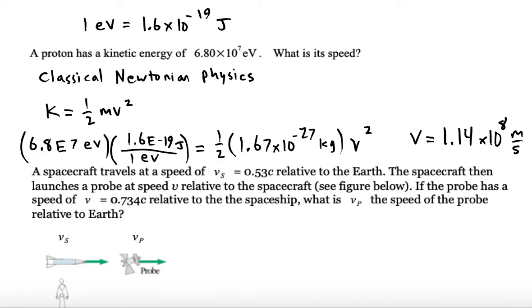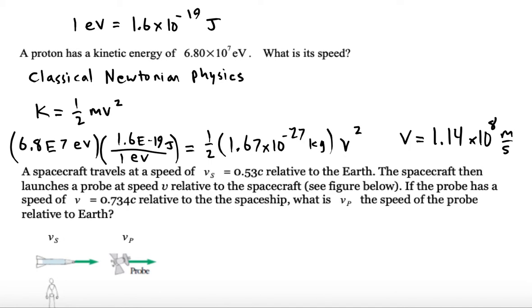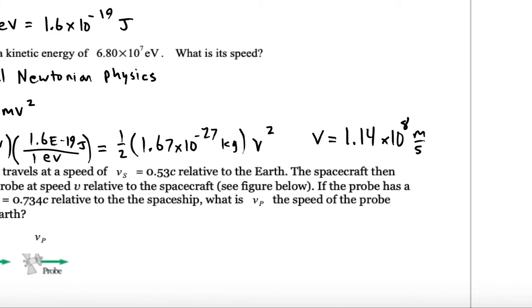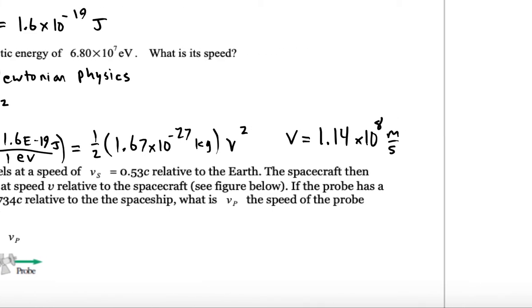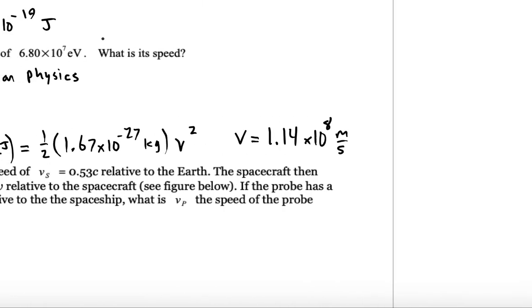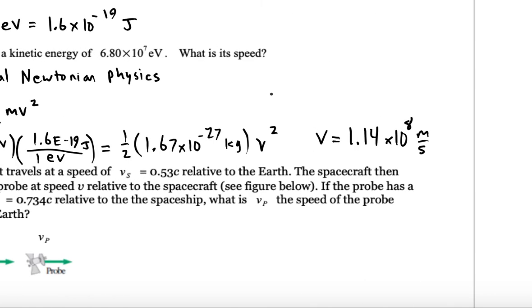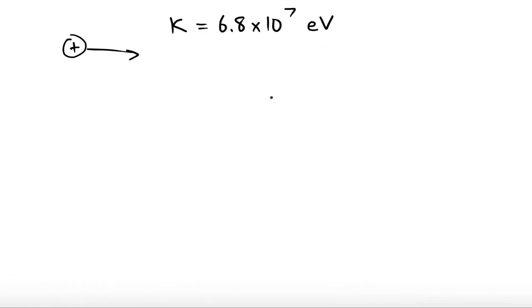Alright, but using Einstein's physics, you'd do it differently, and I just want to go over how that is different. So in Einstein's physics, if you have a proton that's moving with a kinetic energy of 6.8 times 10 to the 7 electron volts, you'd use a different formula.